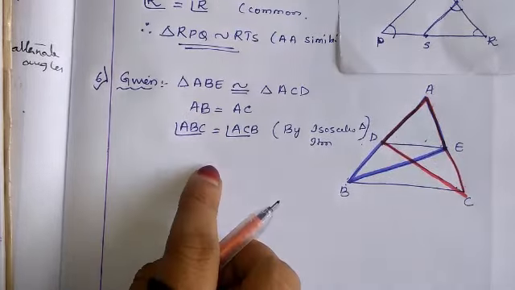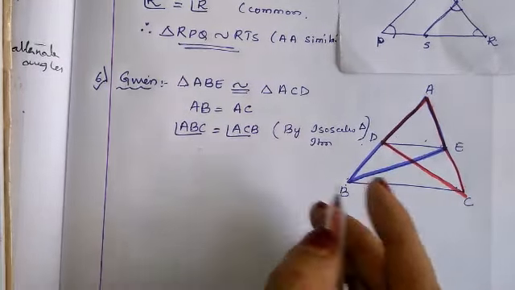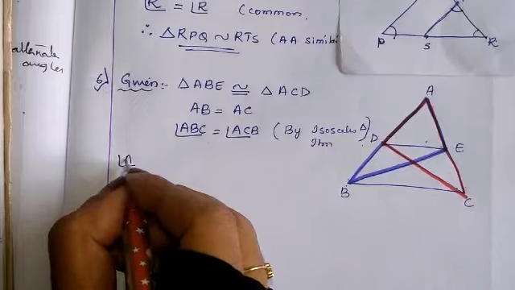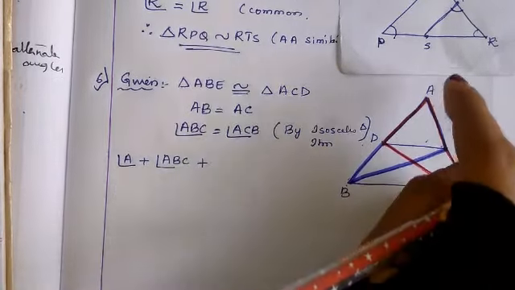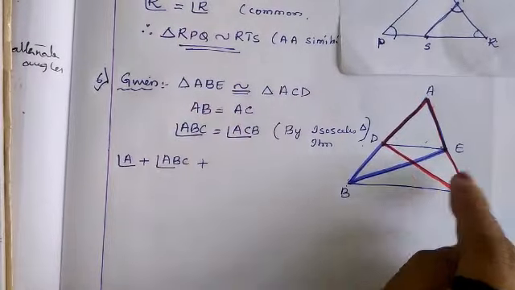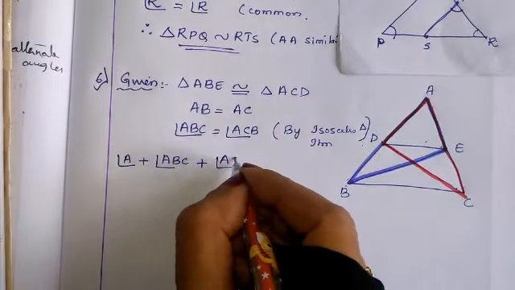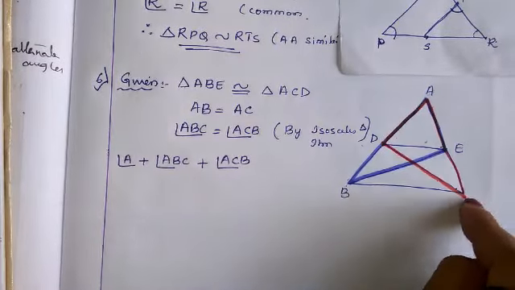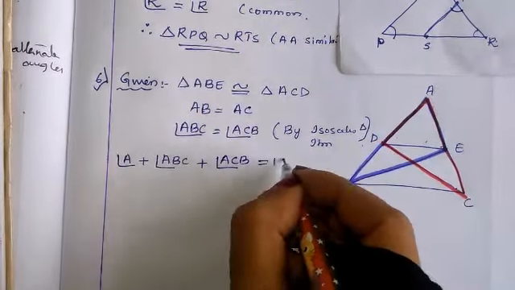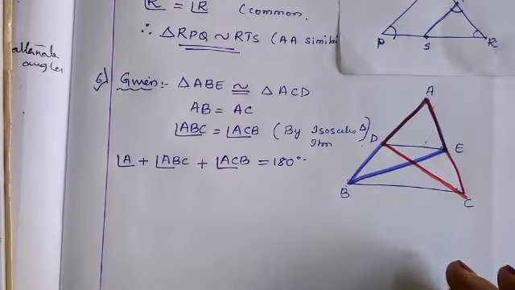Okay. Now let us start. In triangle ABC, angle A plus angle ABC plus angle ACB is equal to 180 degrees. Okay.